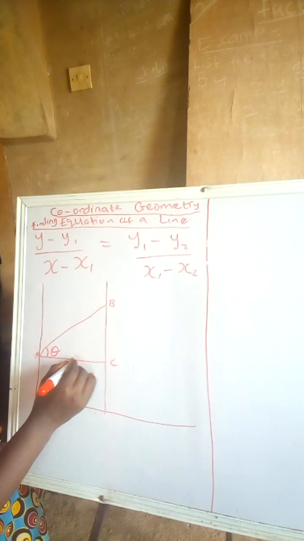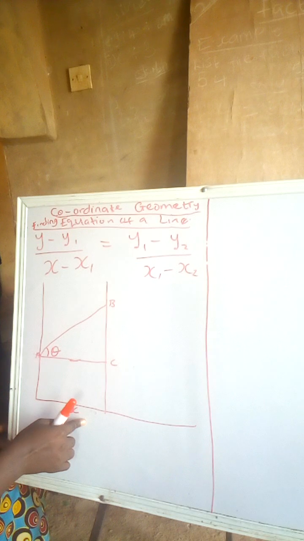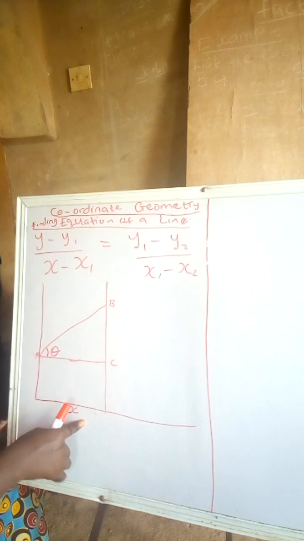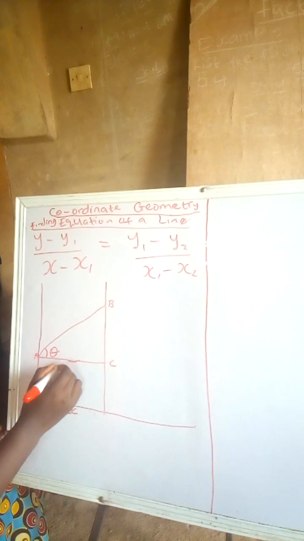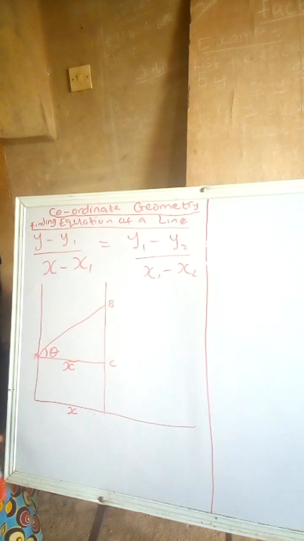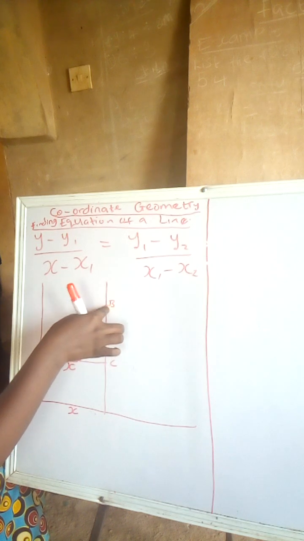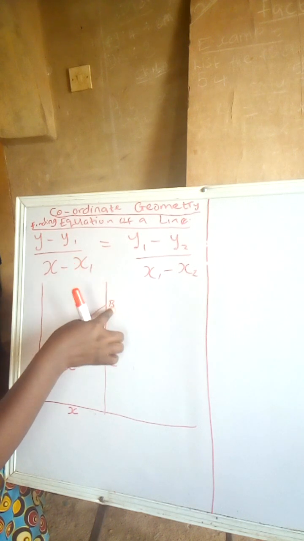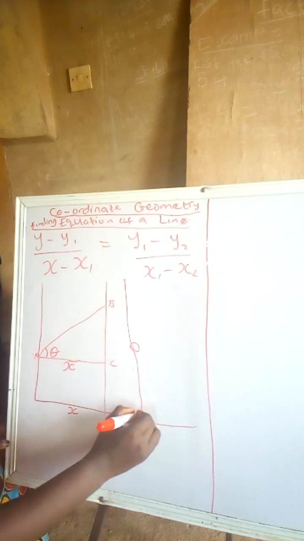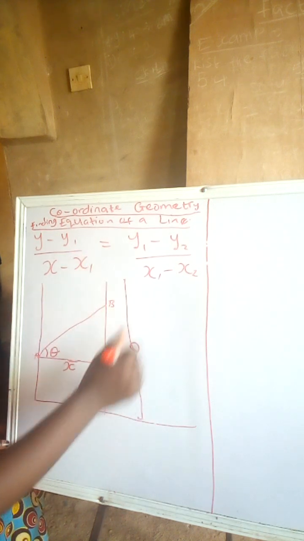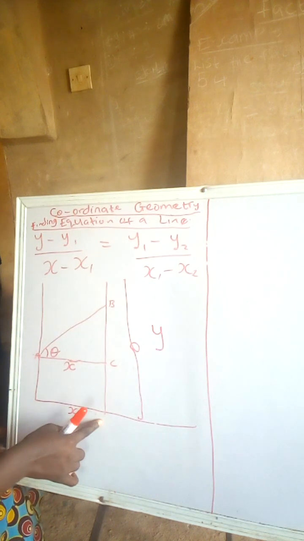This down here, this is x. This and this are parallel lines, so they are the same thing. Let's represent these points. Everything on this line is y.